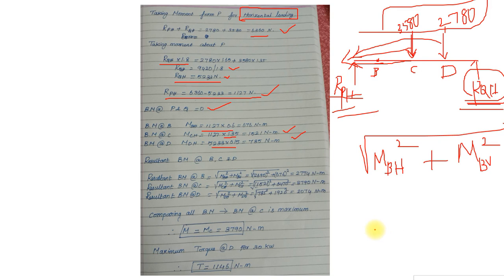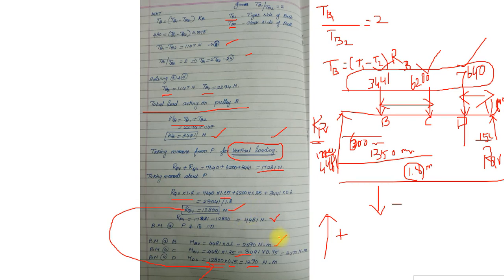This is the formula for the resultant bending moment at B. Similarly we need to find it for MC and for MD. That is what I did. So this is the bending moment at B horizontal, at C horizontal, and at D horizontal. Similarly I have the vertical ones: bending moment B vertical, C vertical, D vertical. I have substituted all these values.